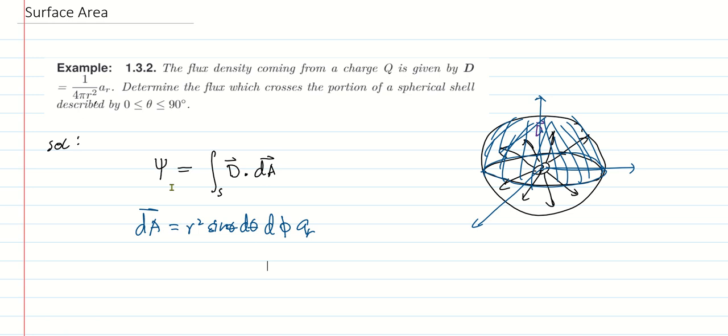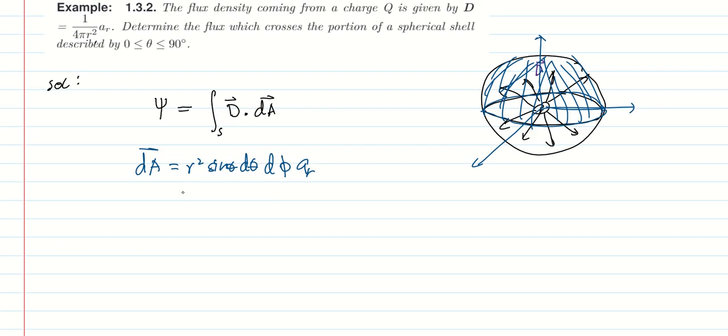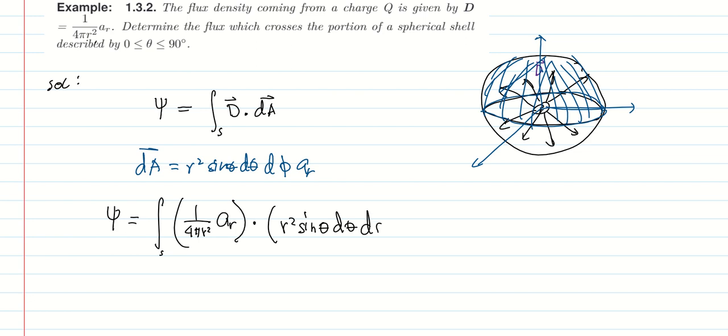1 over 4 pi r squared. So if we substitute this now, the flux will be equal to the integral of D, which is 1 over 4 pi r squared in the r direction. And this is our D. We take the dot product with dA, which is r squared sine theta d theta d phi, also in the r direction.